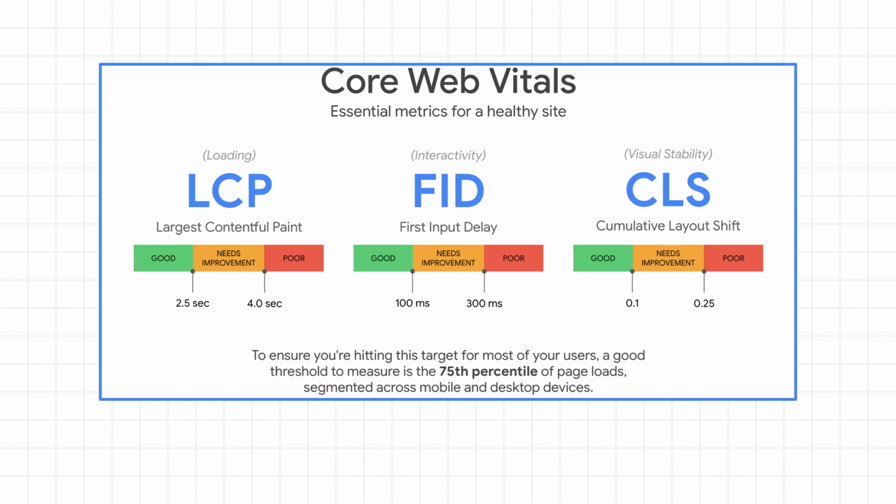The metrics that make up Core Web Vitals will evolve over time as we also learn more about the increasing user experience needs and expectations in this rapidly evolving world. Having said that, the current set for 2020 focuses on three aspects. First, loading, second, interactivity, third, visual stability, and includes the following metrics for each one of them.